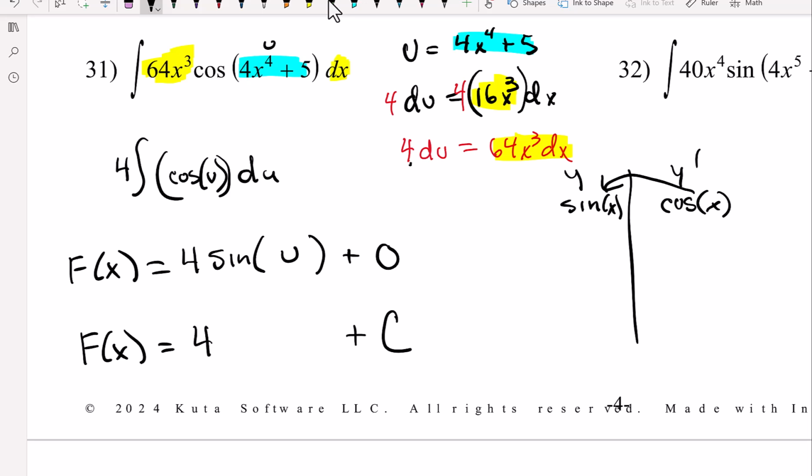And where u was, we now put that original. Just like that.